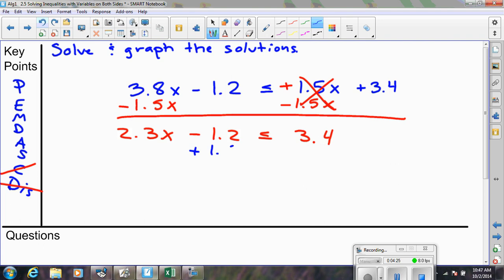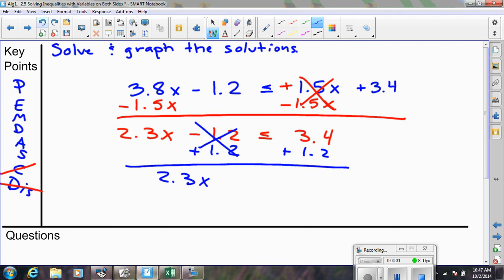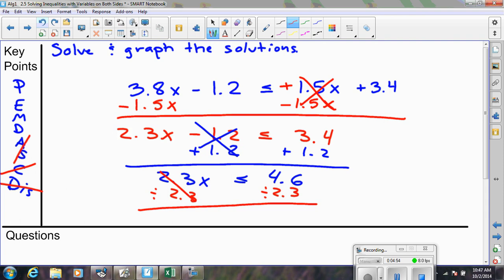We know the pair plus minus will cancel on the left, giving us 4.6 on the right. Yeah, you are correct, Malia. With addition and subtraction done, our next stage is to do multiplication and division. Dividing by 2.3. Yep, got it, Mitch. 2.3 cancels.